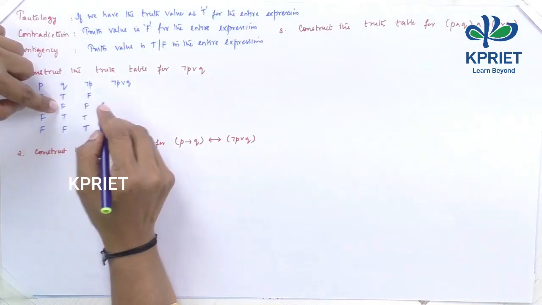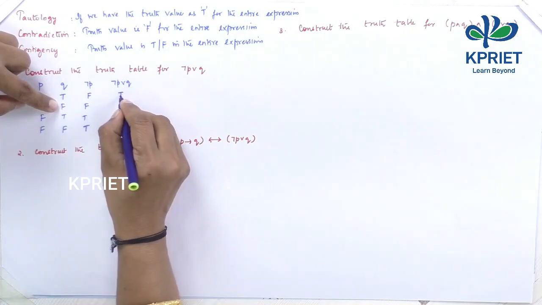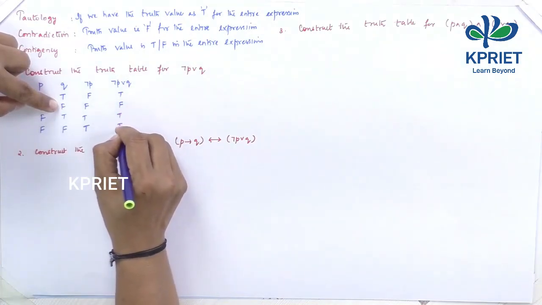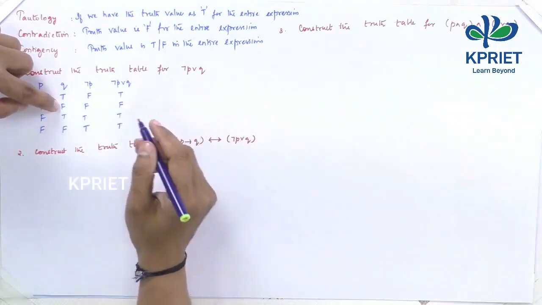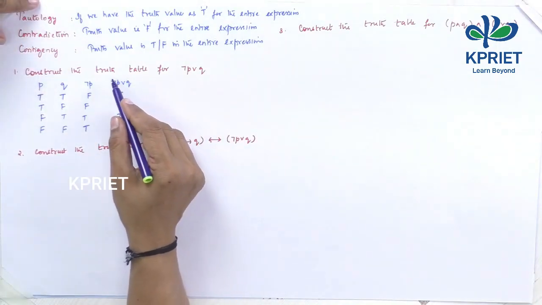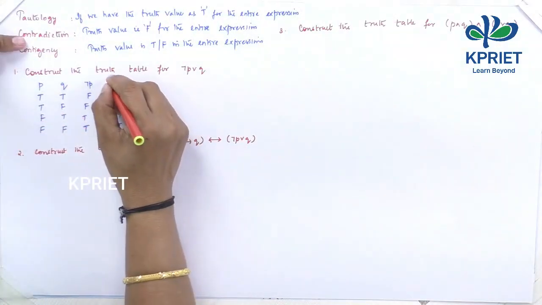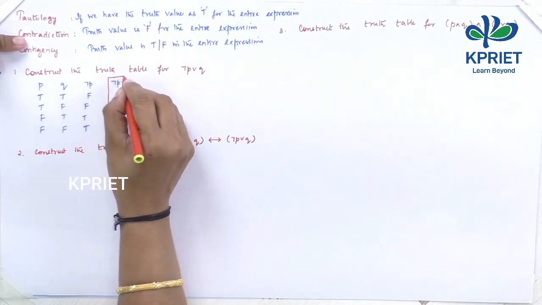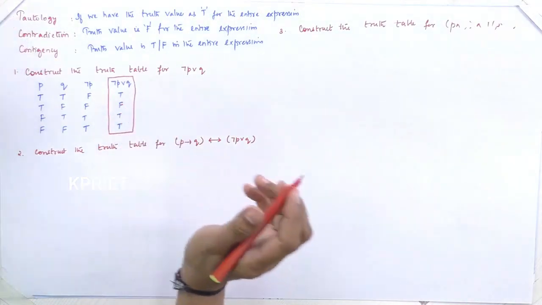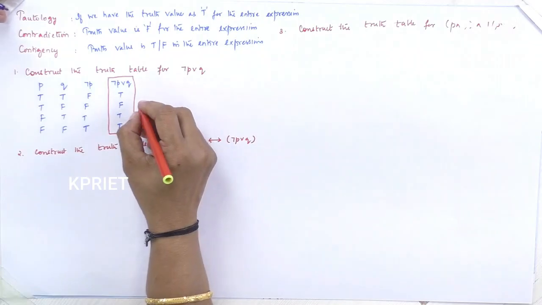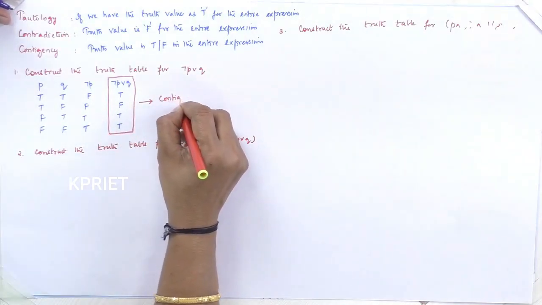Here I have both F, so it will be F. Elsewhere it will be only T. So, now you just look into this final expression. This final expression has the truth values T and F, both are there, which means that this is an example of contingency.